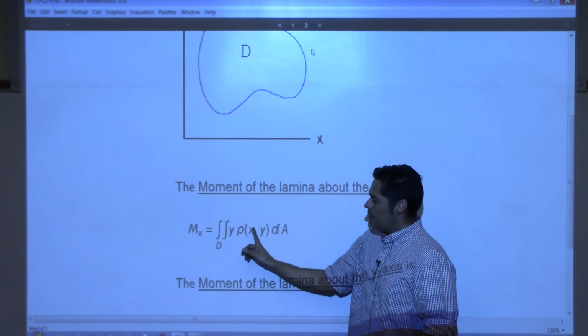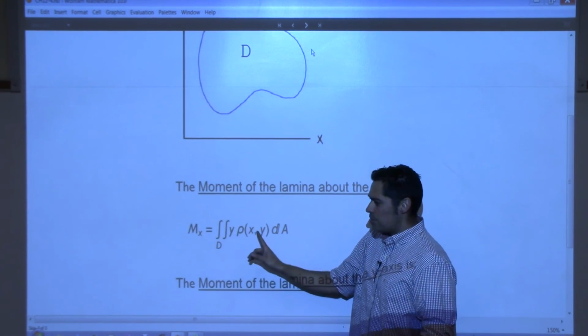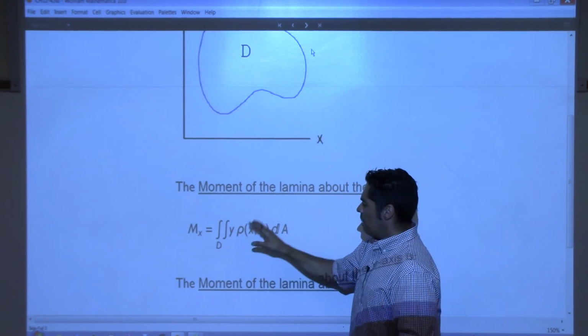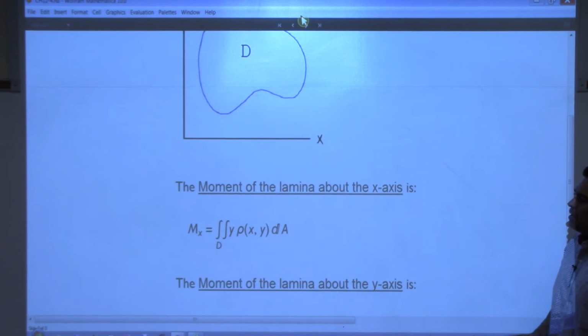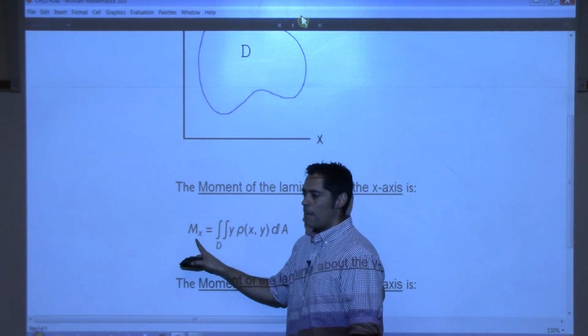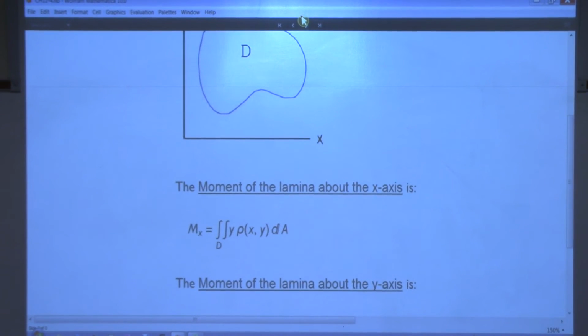But we've added one thing to it. You see the y right there? y times the density function. If we compute this, it's called the moment of the lamina about the x-axis. We use capital M subscript x to represent the moment of that lamina about the x-axis.